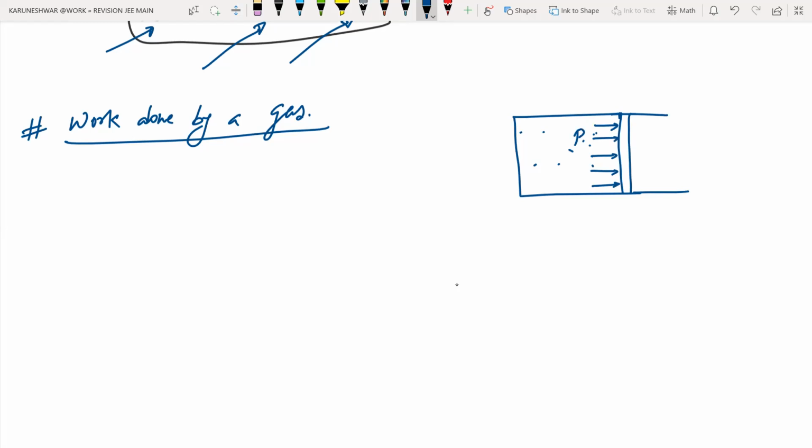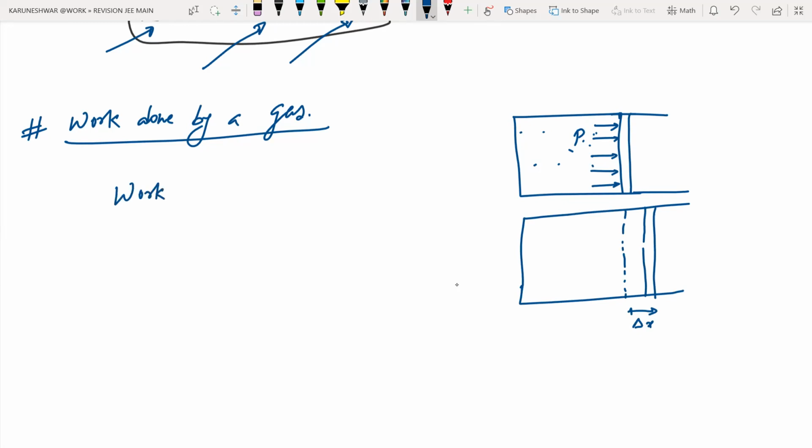Suppose this is the pressure P it is applying. Due to this pressure, suppose the piston position has been shifted from its earlier position by some amount in the direction of the pressure application, which I consider as delta X. So what will the work done by the gas be?